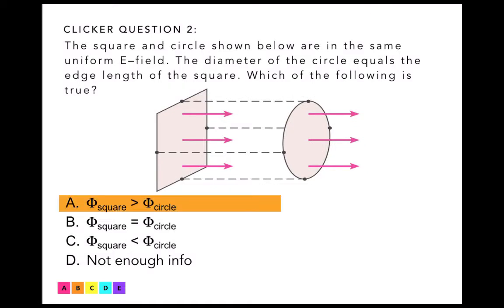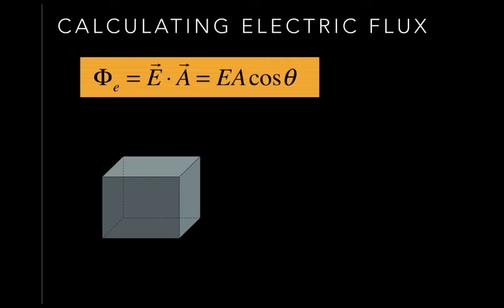So, let's calculate the electric flux, okay? So here, when we're actually calculating Gauss's law, it has to be a closed surface, okay? So here, when electric field points out of a surface, that means the flux is going to be positive, okay? And flux, what's this letter?